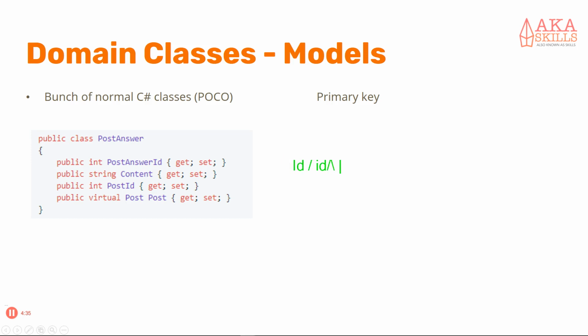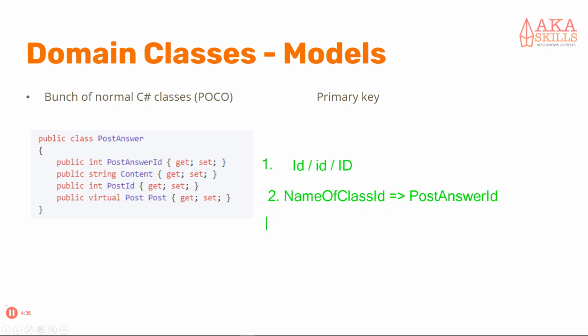It doesn't matter whether it is camel case or Pascal case, uppercase or lowercase. The second way is to name it the name of my class plus Id, which in our example is PostAnswerId. By default, Entity Framework is smart enough to understand that this is my primary key.